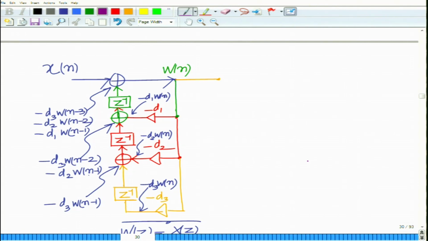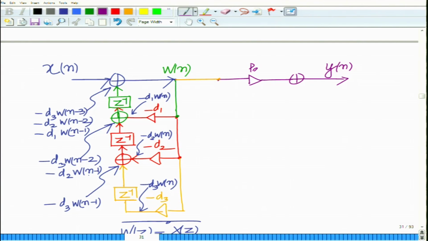And now you can see, w(n) is sent through gain p0, and an adder gives me y(n).